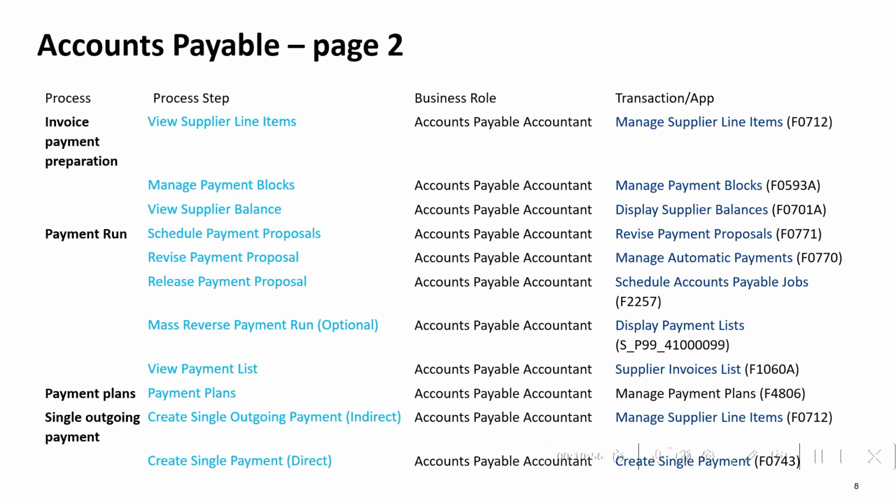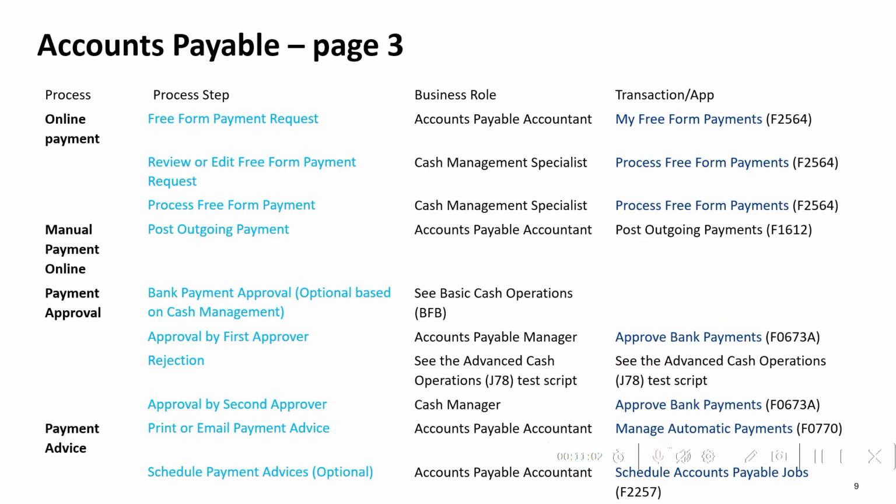Single outgoing payment. Create single outgoing payment. How to create single outgoing payment and online payment, a free form payment request. The accounts payable accountant will create the free form payment request, then review, edit free form payment request.